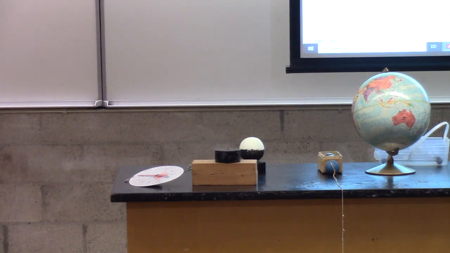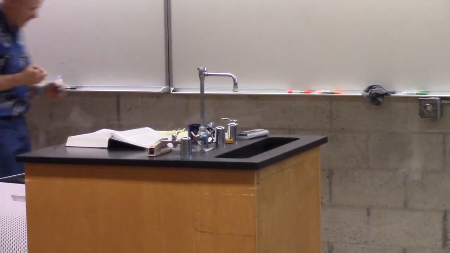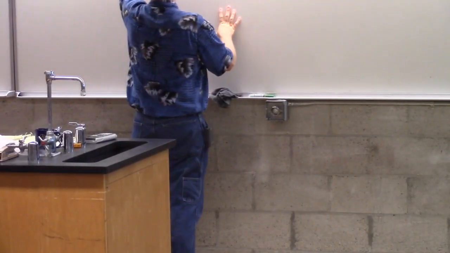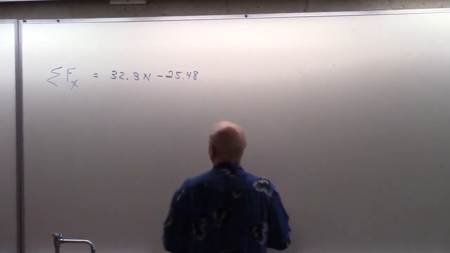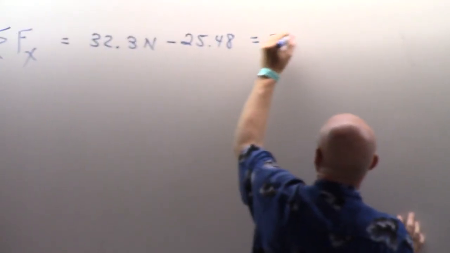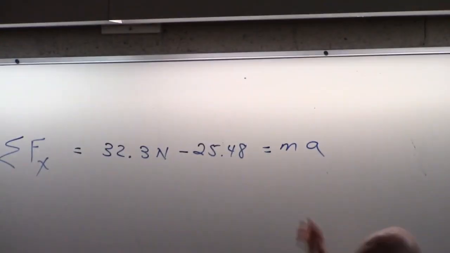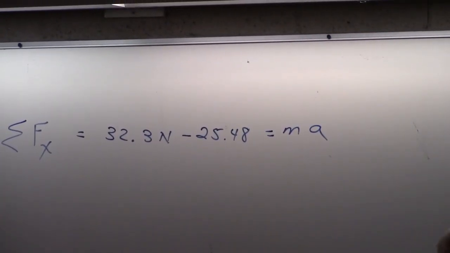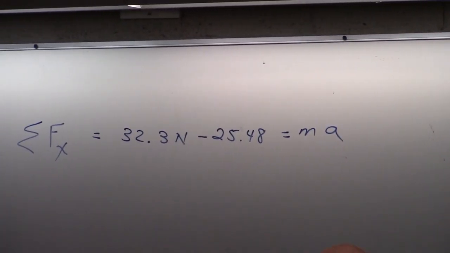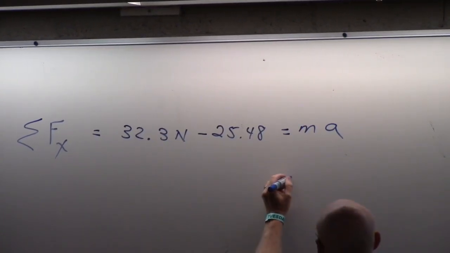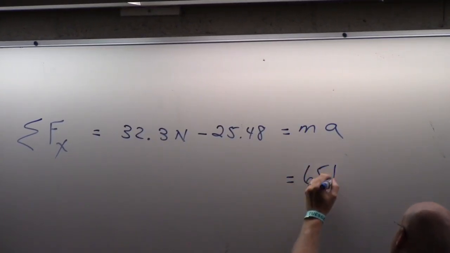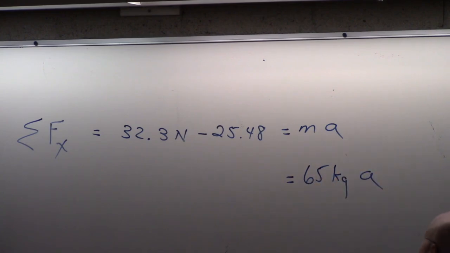And so I'm going to say her friction is negative 25.48. And then this is going back to chapter 4, Newton's second law. Add up all the forces and set it equal to ma. And of course, we know that her mass is 65.